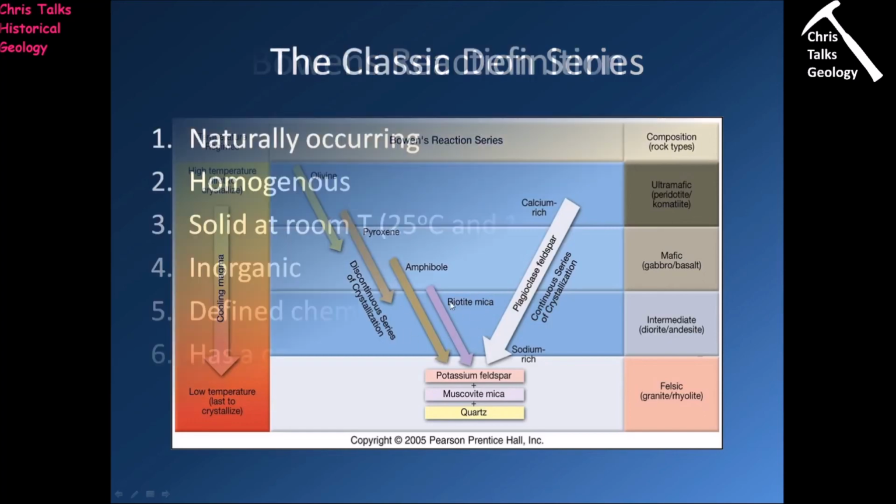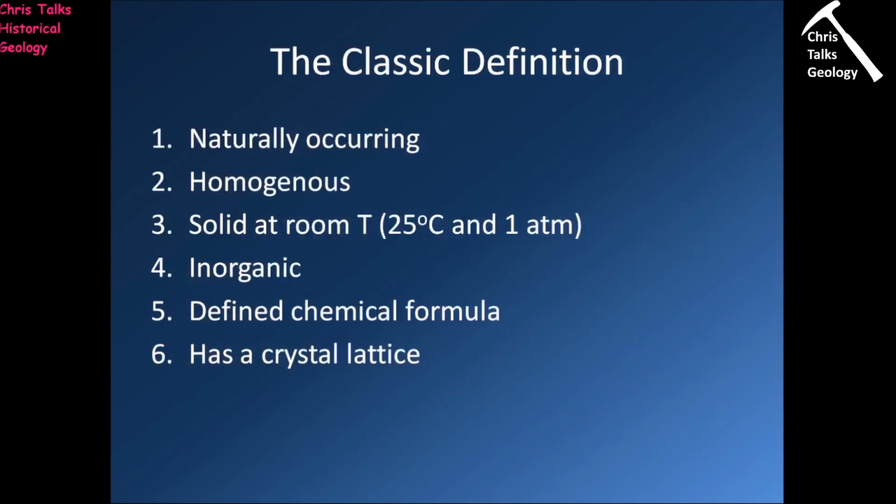So in front of us we have the classic definition of what a mineral should be, or more accurately, the 6 criteria a substance has to meet in order to be considered a mineral. Now these are the classic criteria, so these are the ones that you've probably seen before in earlier courses.